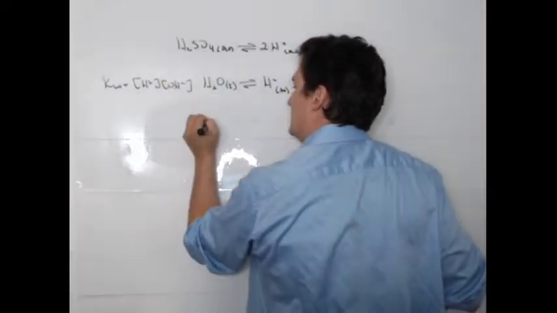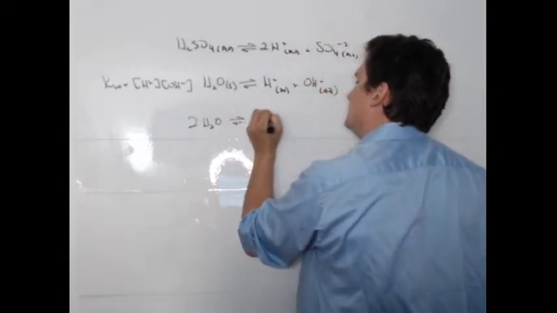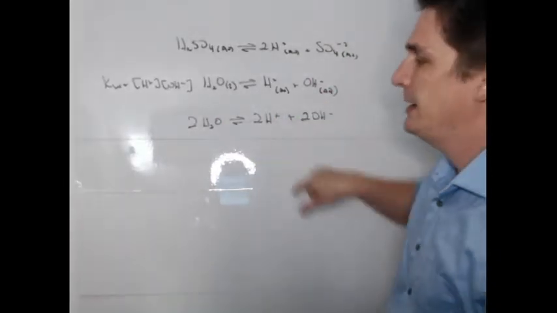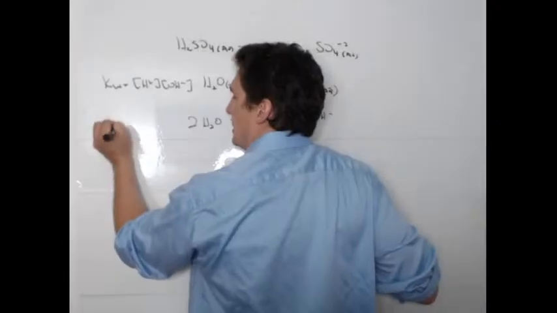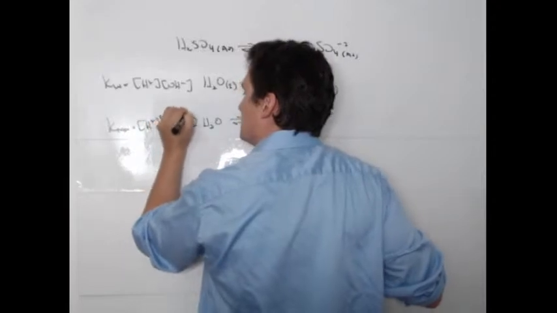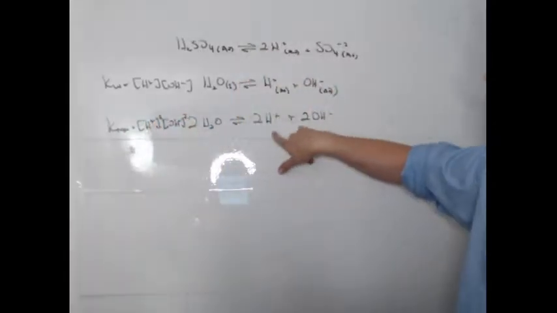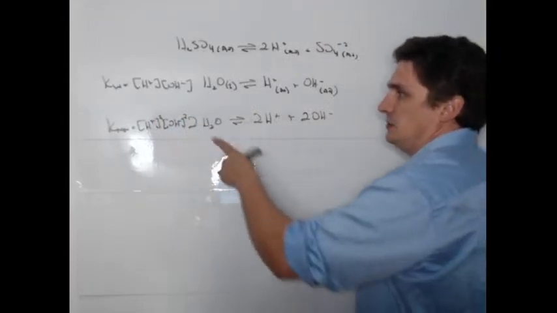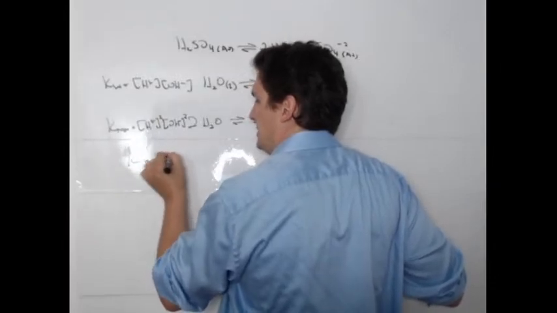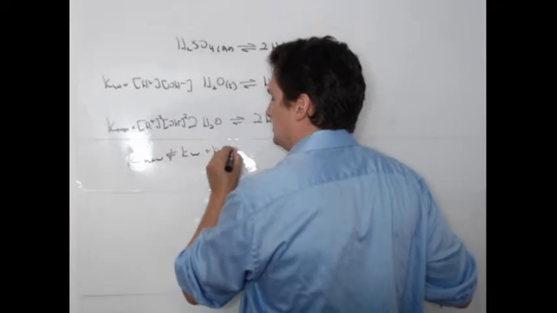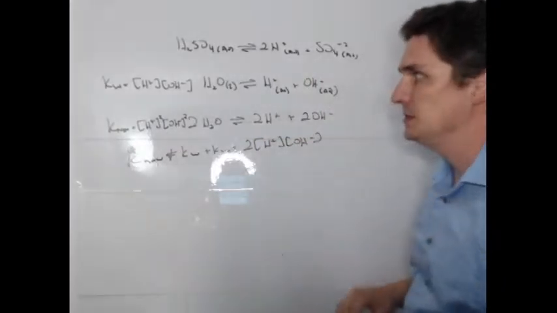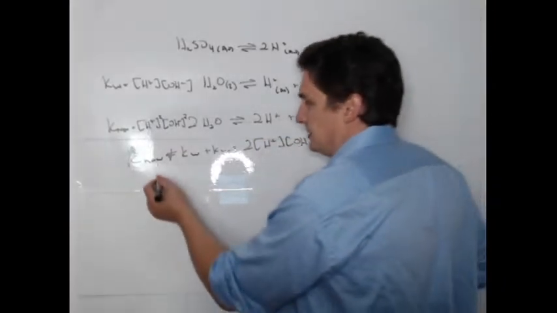So I make it 2 H2O goes back and forth to 2 H plus 2 OH minus. And I ask you, not knowing anything, write out the new equilibrium constant. So you say, well, K new is H plus squared OH minus squared, because I've got the concentrations here and I raise them to their respective powers. So if we look at K new versus Kw, K new doesn't equal Kw plus Kw, because that would be 2 times concentration of H plus concentration of OH minus. What it looks like is Kw squared.